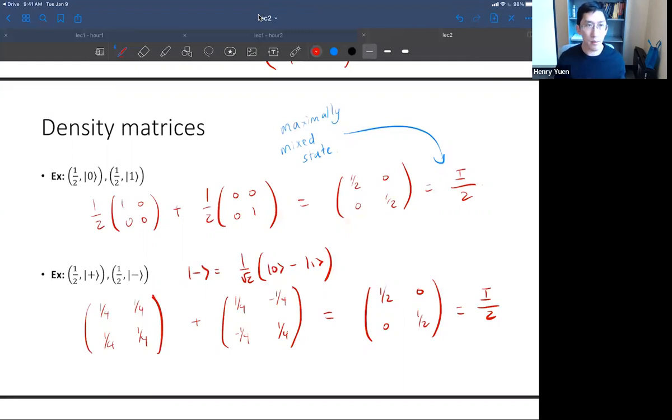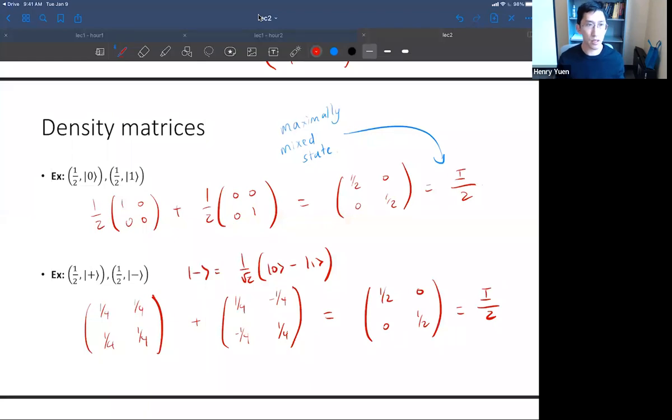So it's the same density matrix, but from two different mixtures. That might seem kind of odd, but what this is telling you is that there's no way to distinguish between the first mixture and the second mixture.